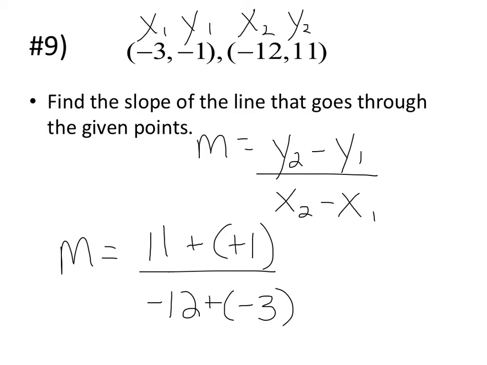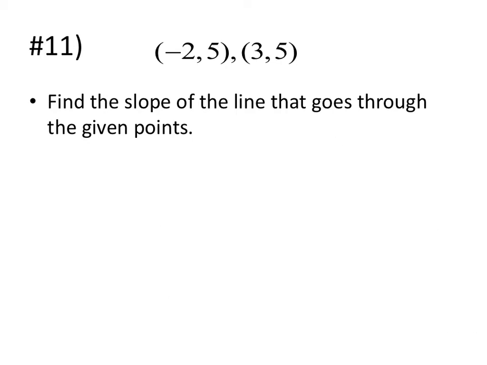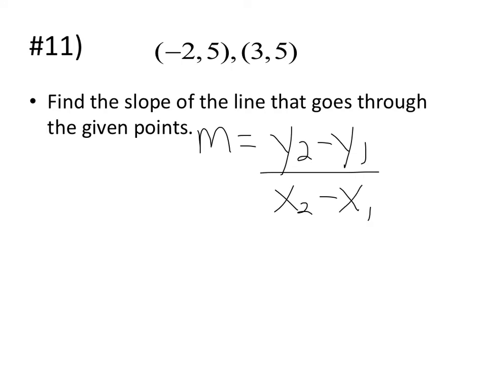Add a line, change the sign, add a line, change the sign. 12 over negative 9, which can be reduced. They can both be divided by 3. So you have 4 over 3, and it is negative. So it's negative 4/3.